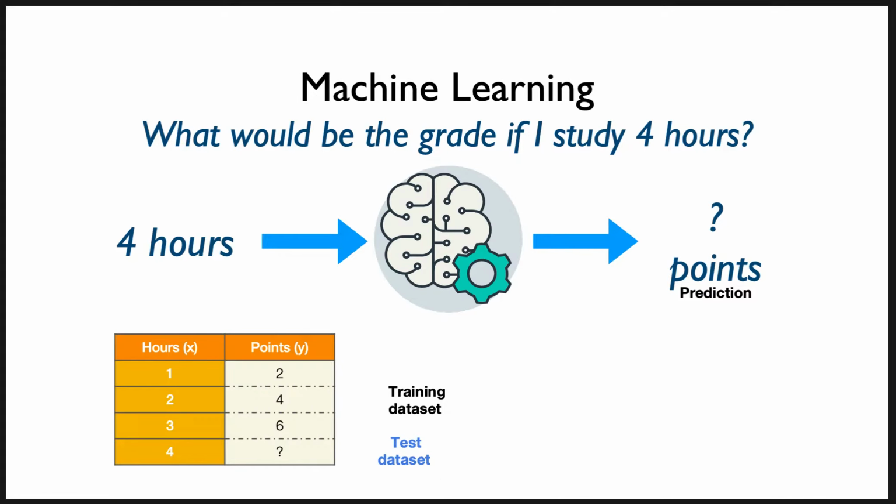Last time, we briefly talked about machine learning and how it works. We use labeled training datasets for training the model. Once the model is trained, we use our dataset called the test dataset. We evaluate our model.